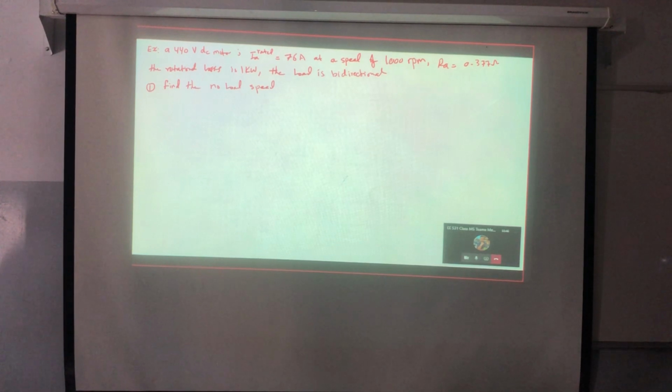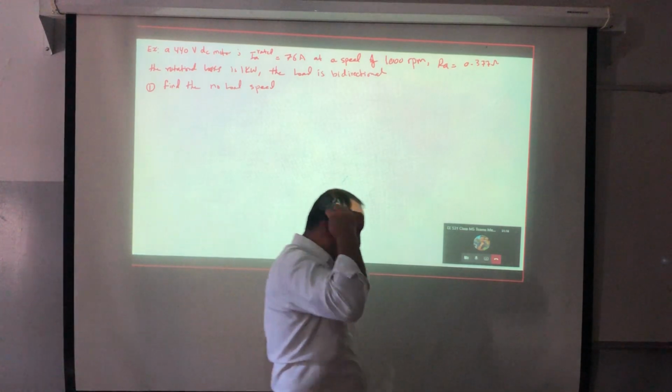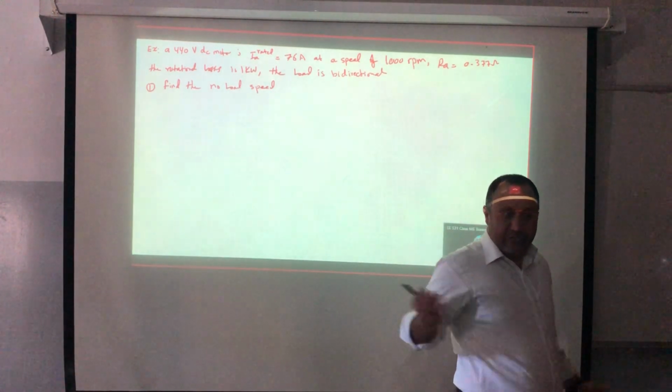So from here I can calculate K phi actually. Why? Because EA is equal to VA minus IA RA, and K phi will equal this term over the speed. Good? So I can calculate K phi. I need to find the no load speed, and the no load speed will be VT over K phi.